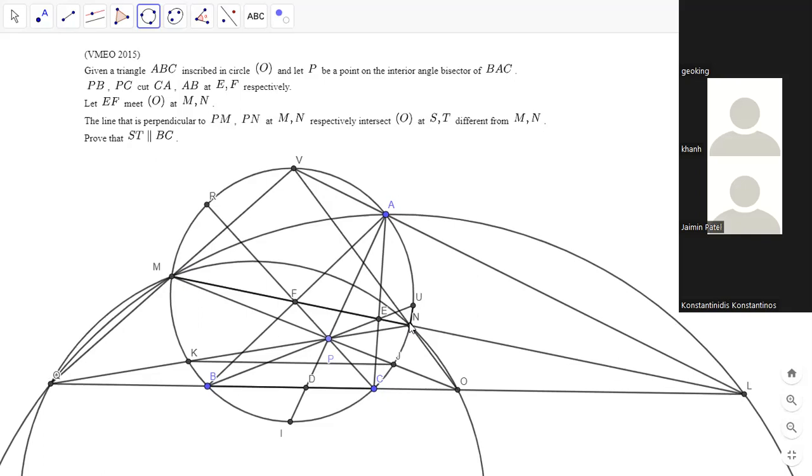So ANOL is going to be cyclic. The Miquel configuration in general is just pretty rich.